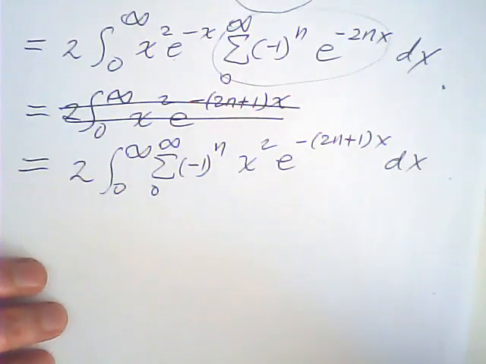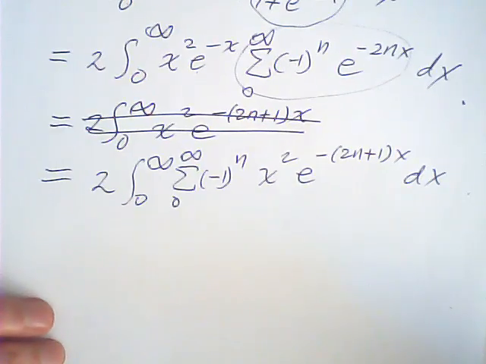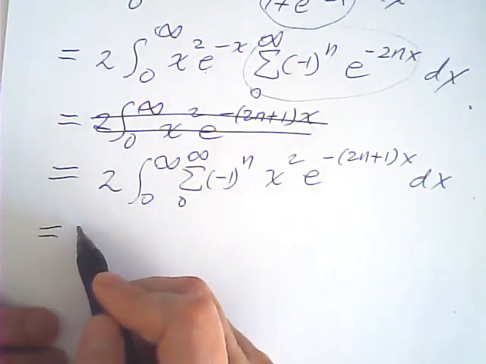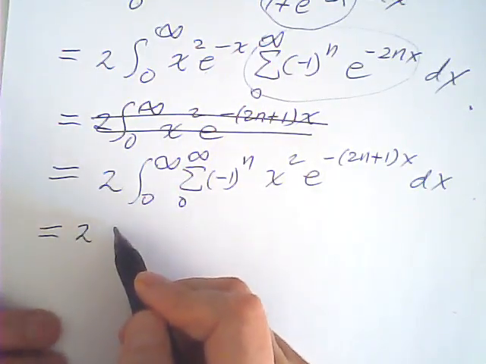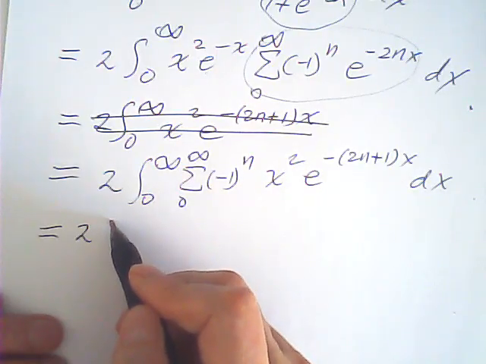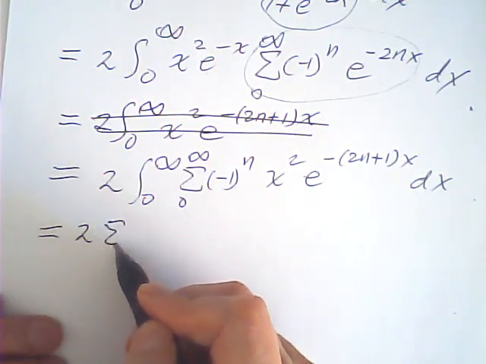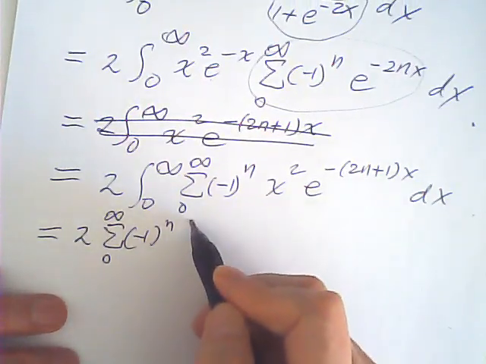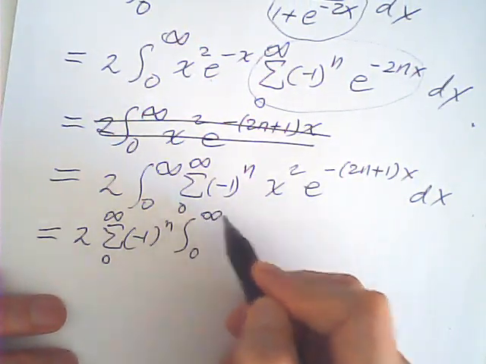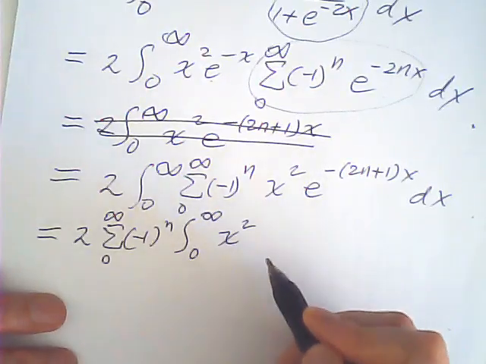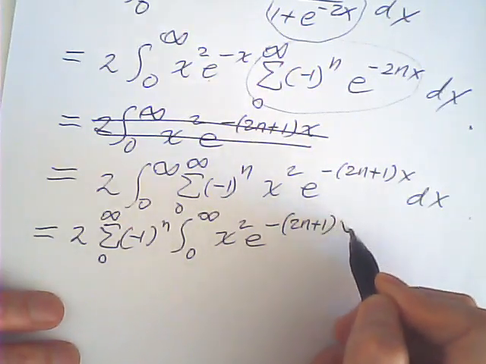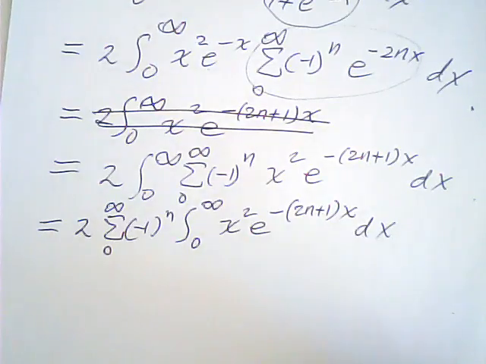Yeah, that's better. Okay, good. Then equal to the sum from 0 to infinity of negative 1 to the power n, and the integral from 0 to infinity of x squared e to the negative 2n plus 1 x dx.